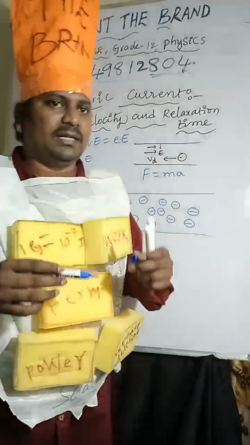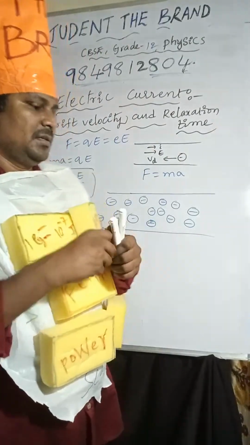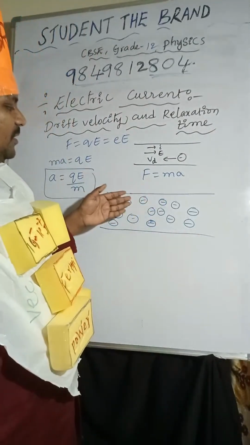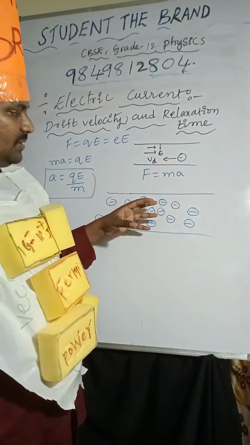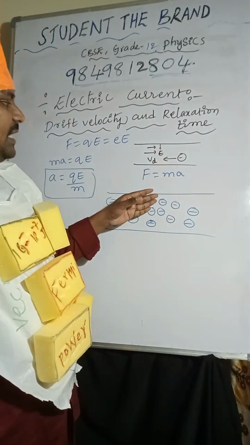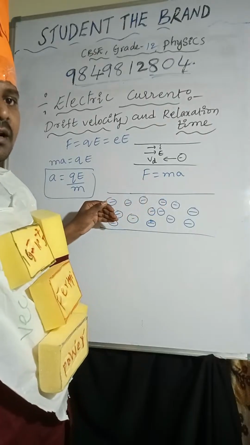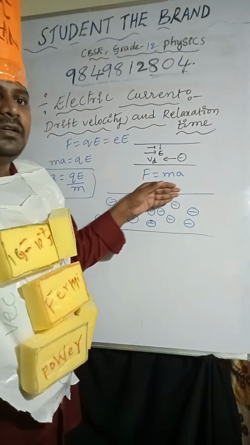Electrons are moving in the conductor. So this electron is going to hit another electron, that electron is going to hit another electron.